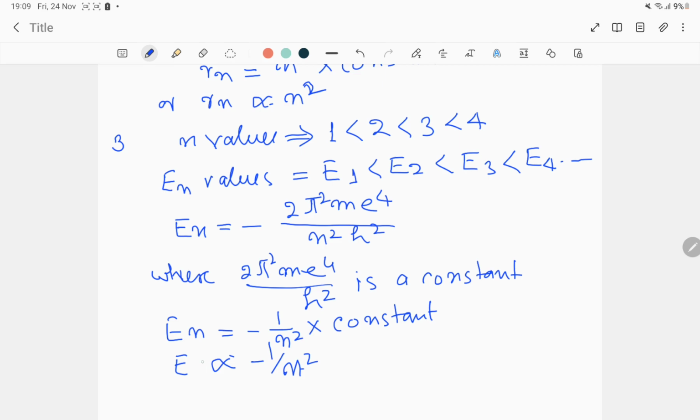This means with the increase of the value of n, there is decrease in the negative value of the En, means energy of the electron increases with the increase in the value of principal quantum number, which may be represented as En is directly proportional to n square.